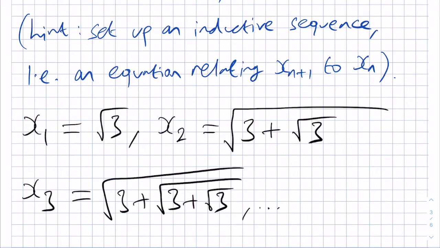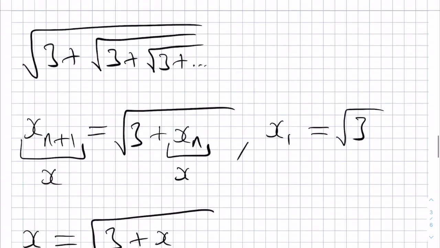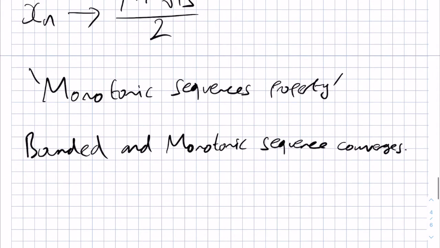Overall, this means the sequence is increasing, and therefore it is monotonic. Now, we can also show that this sequence is bounded by induction, which we leave as an exercise.